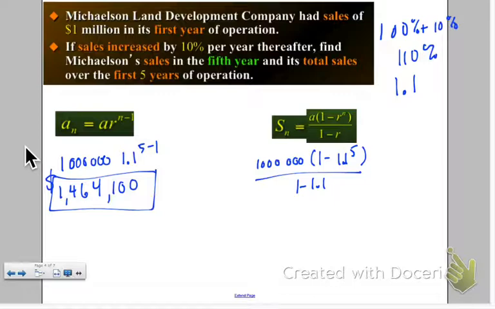Here we go. So that gives us $1 million times 1 minus this dealie here, that equals negative 0.61051, and that is not rounded.